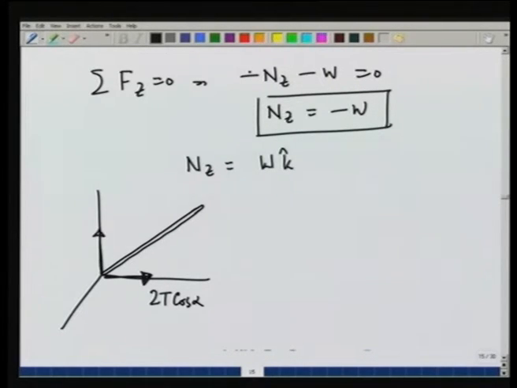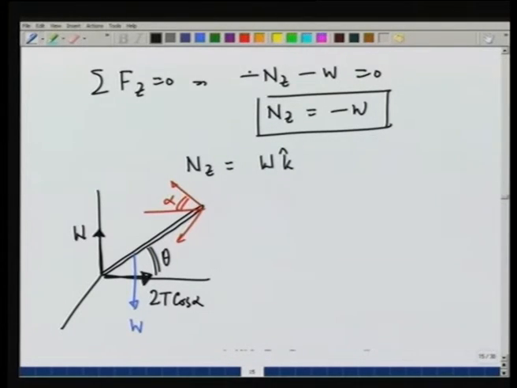There is a normal reaction in the z direction which is equal to W. There is a force W pulling it down. There is no force in the x direction, and then there are these two tensions in the x y plane working at an angle alpha like this. This angle is given to be theta.